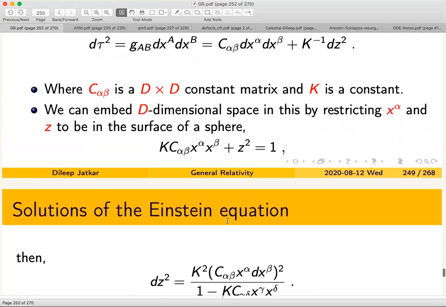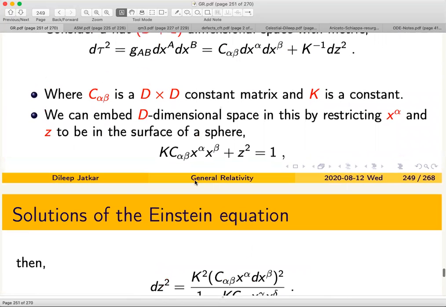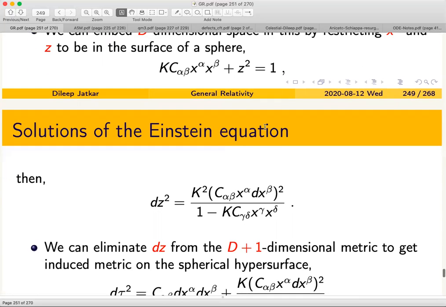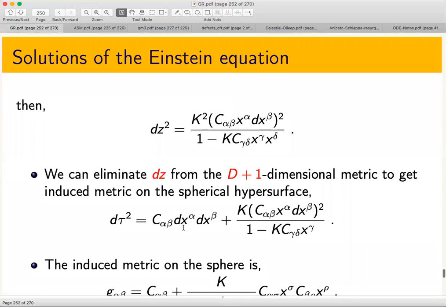Now you take this and put it back here. If you do that, then you get a metric written completely in terms of x alpha coordinates, and there is no z at all. It's not very difficult after all. Once you have determined dz squared, you are just substituting it here.